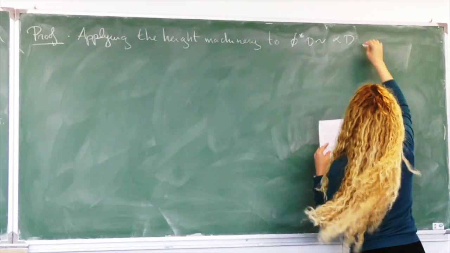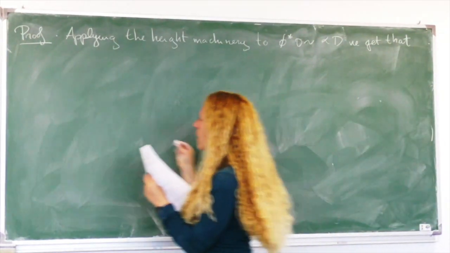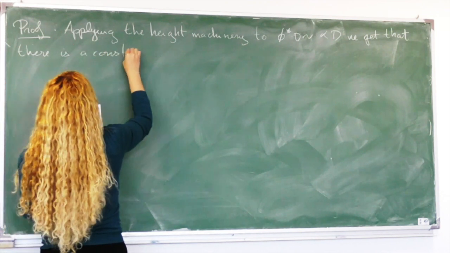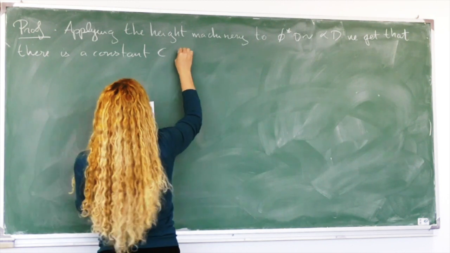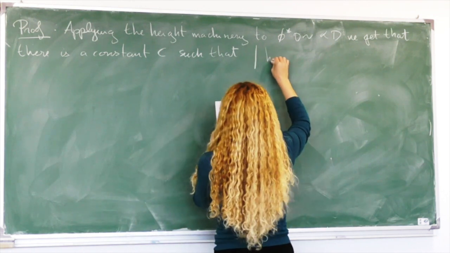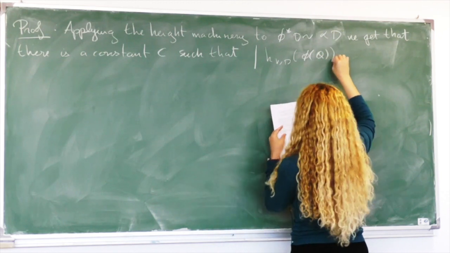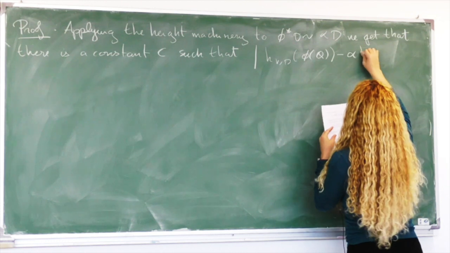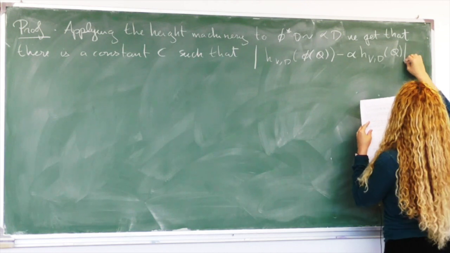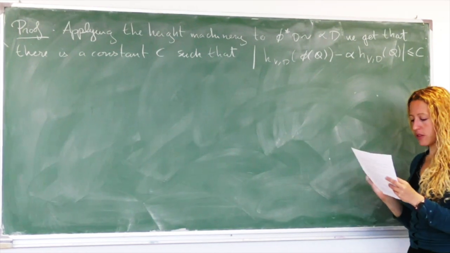So we get that there is a constant, which I'm going to call C, such that the height of the image of any point, minus alpha times the height of the point, is less than or equal to C. This is something I'm going to use later. This is the first thing.